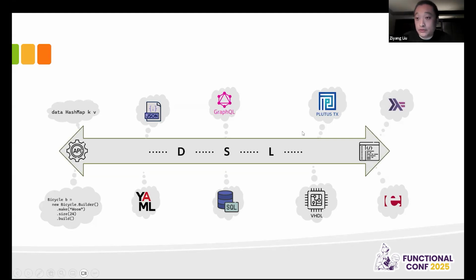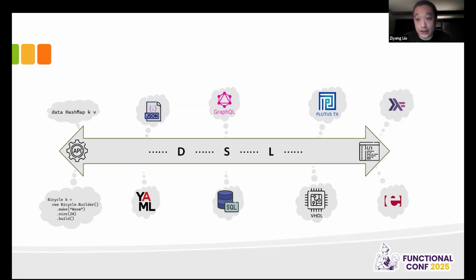As you go towards the right of the spectrum, you start to see things that look more and more like languages. What I mean by that is that you start to see more and more programming language elements appear, things like bindings, control operators, recursion, perhaps user-defined functions, user-defined data types, and ASTs and compilers and things like that.